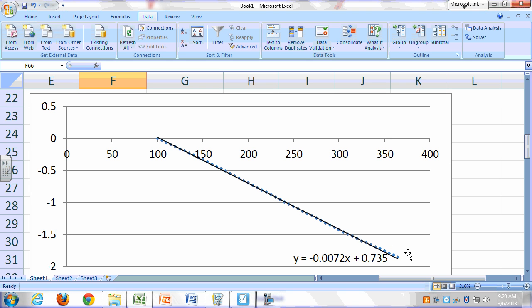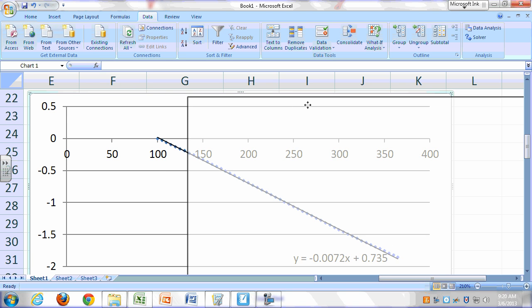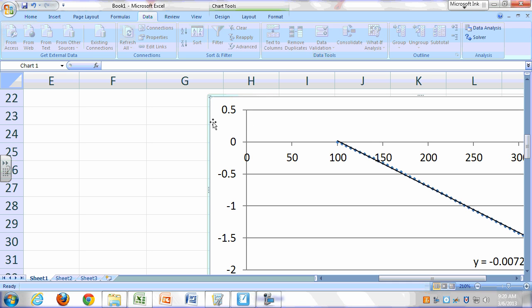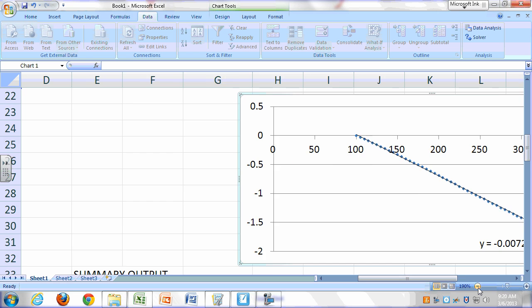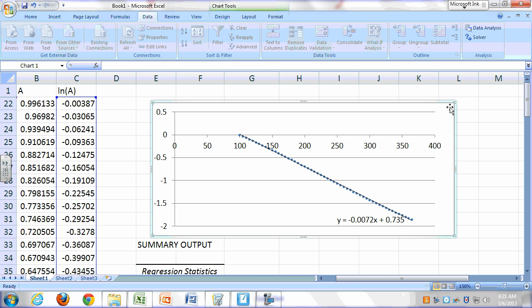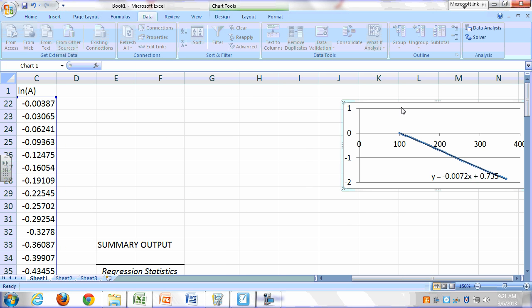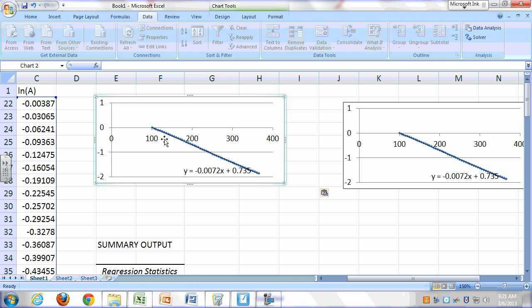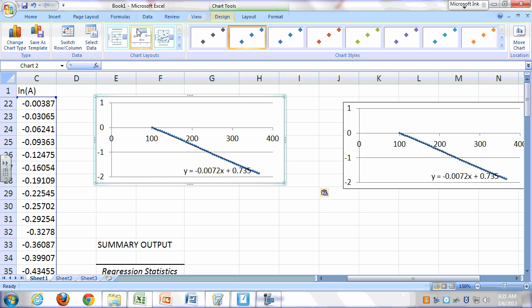Now let's examine the actual graph of just A versus time. So let me do another graph here. Let me just shrink this one, and let me just copy that output. But this time, I'm going to change my data.